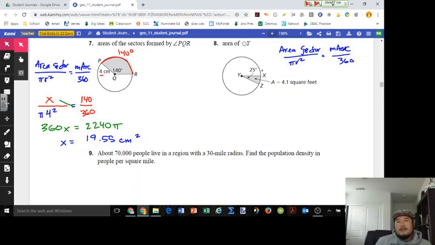So let's see if you could figure out and plug a few things in. I look right here and they tell me 4.1 square feet is the area. So that should go in for area of the sector. Let's plug in 4.1 up at the top. We'll put that over pi r squared.